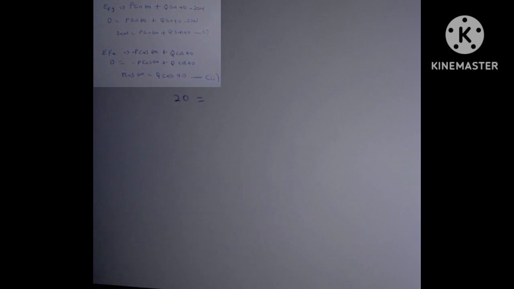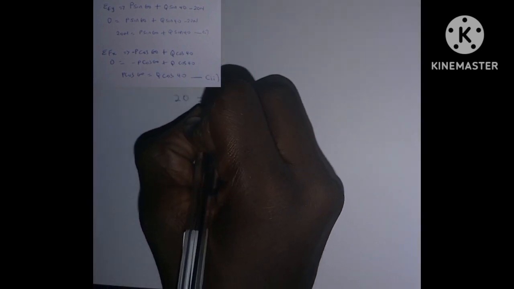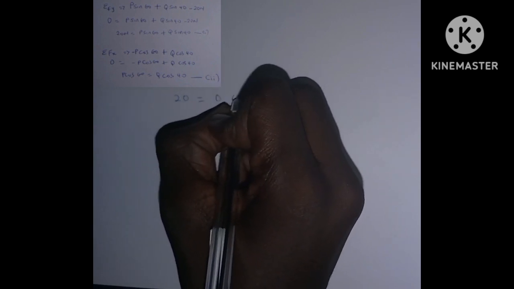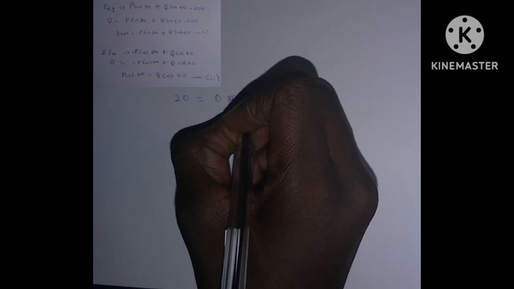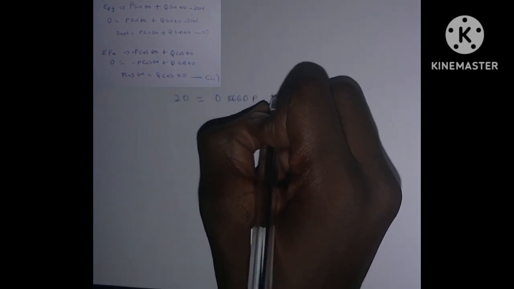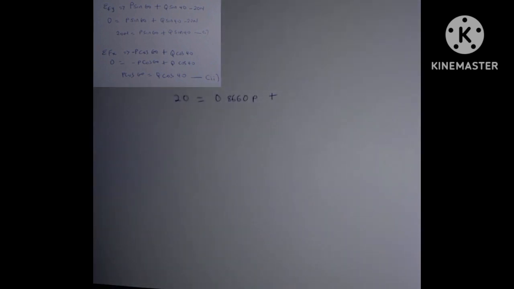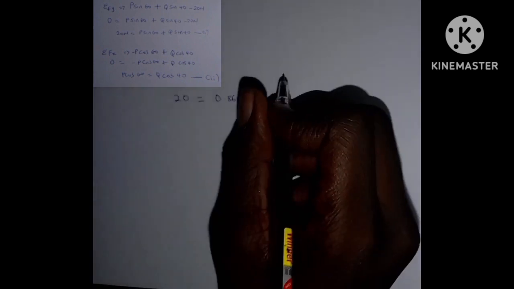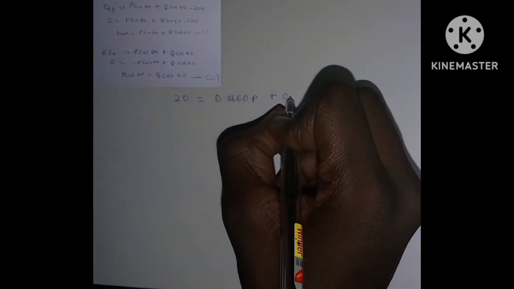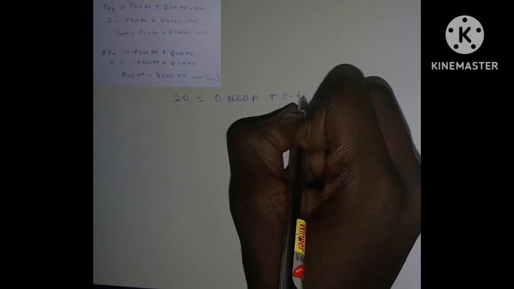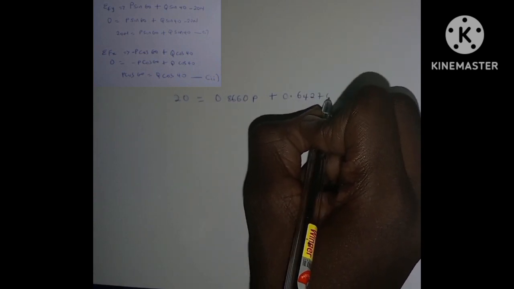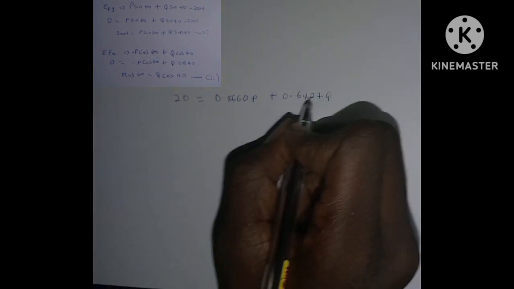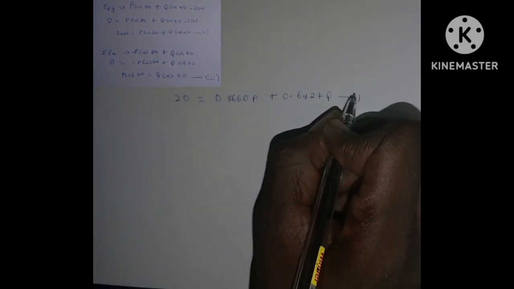Sine 60 is 0.866, so it becomes 0.8660 P plus sine 40, which is 0.6427 Q. So this is equation 1, still equation 1.